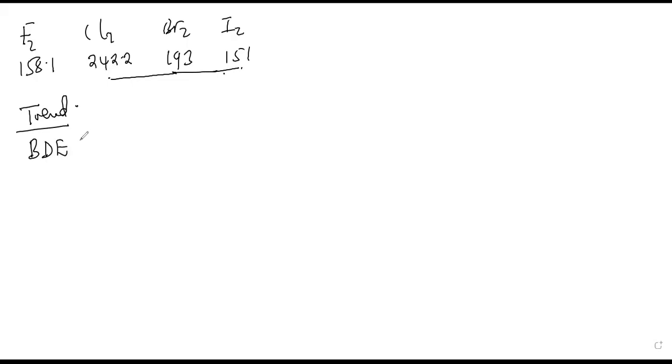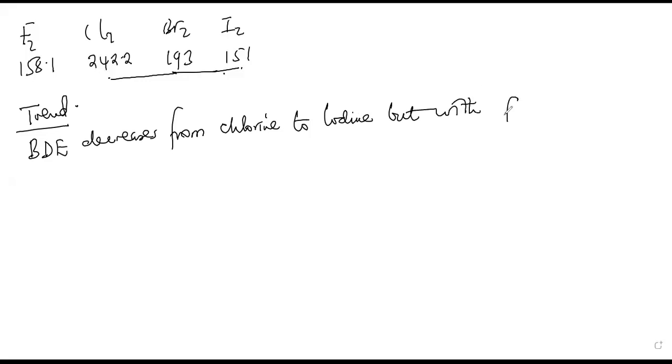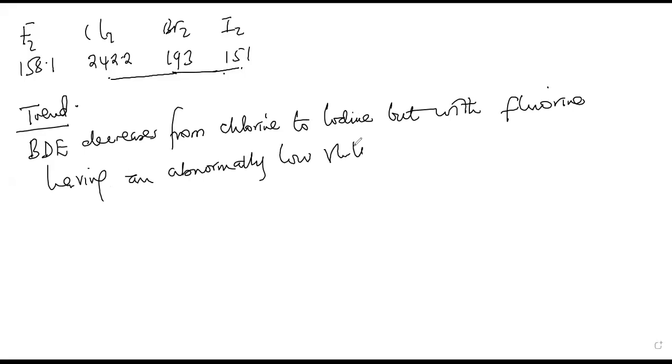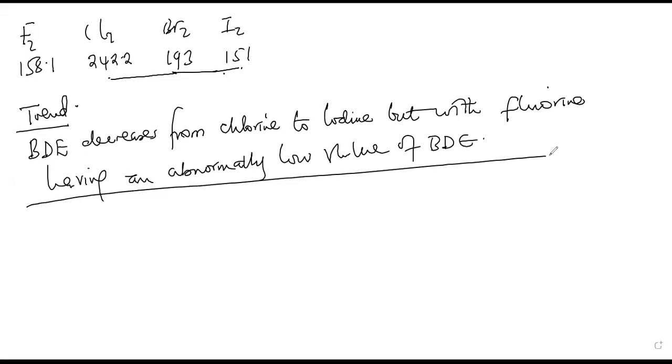Bond dissociation energy decreases from chlorine to iodine, but with fluorine having an abnormally low value of bond dissociation energy. So let's explain these differences and the anomalies.